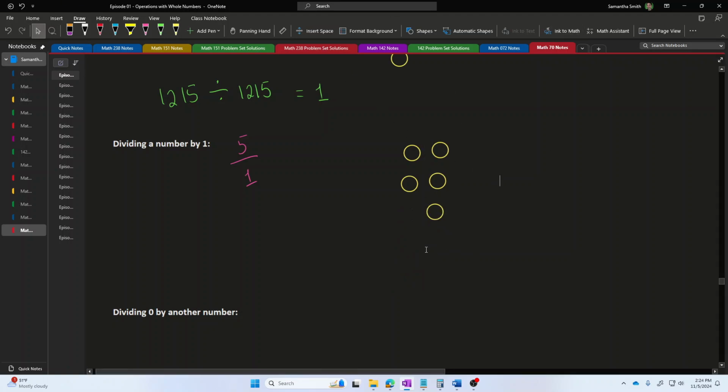I already have one pile. So dividing it into just one pile, nothing changes. So the result is still going to be 5. And this happens every single time. If you divide a number by 1, the number doesn't change. It was already in one pile, and you've just kept it in one pile, so nothing changes.